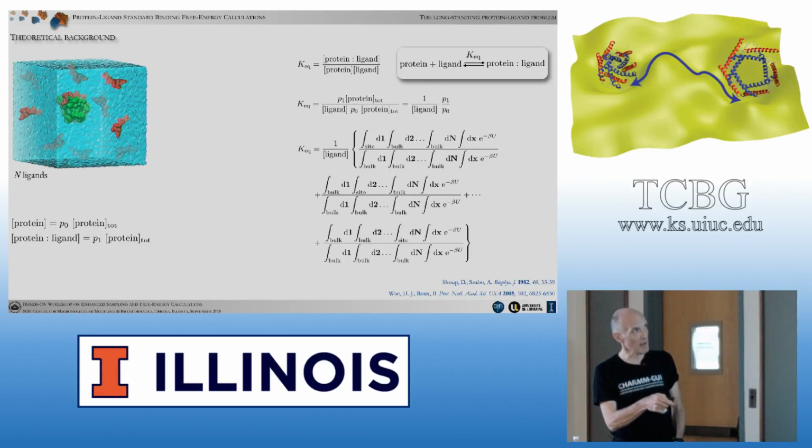So here's my equilibrium constant, which is the concentration of the complex over the concentration of the protein times the concentration of the ligand. Let's expand this, introducing two probabilities, P0 and P1. P0 is the probability that no ligand is bound to the protein, and P1 is the probability that the ligand is bound to the protein.